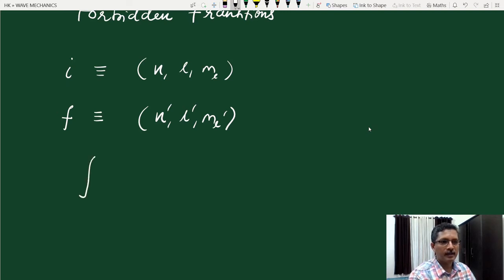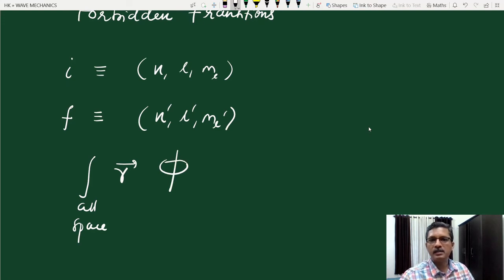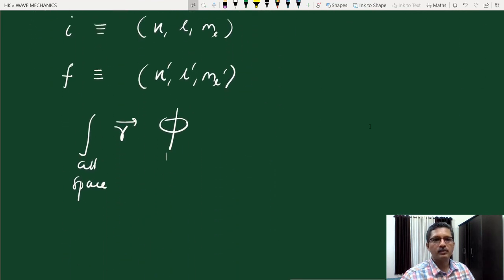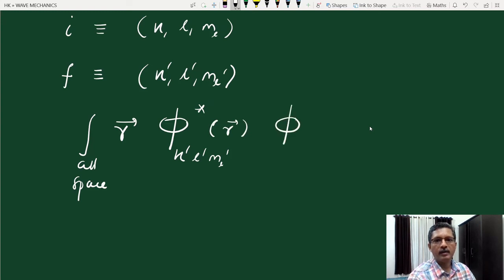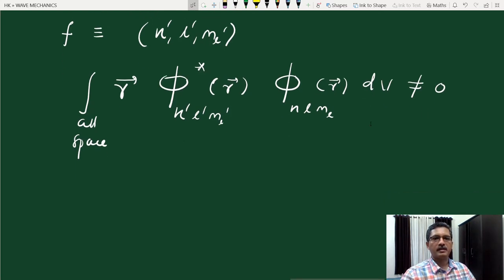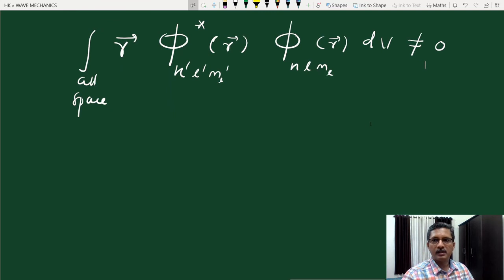That integral I can rewrite as the integral over all space of phi n prime, l prime, ml prime star, which is the final state, times r times phi n, l, ml, the initial state. Okay, so this is the condition for a radiative transition in the hydrogen atom. This integral should be non-zero.